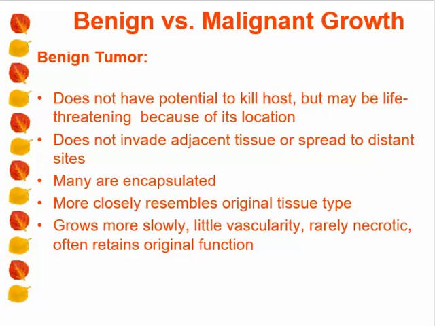Usually they're encapsulated. They resemble the tissue. The growth is usually slower. They rarely go necrotic. Oftentimes, they even retain their original function. So these would be things like lipomas. You'll see these on people. These are little fat tumors.